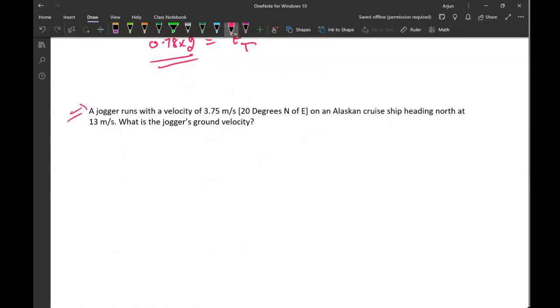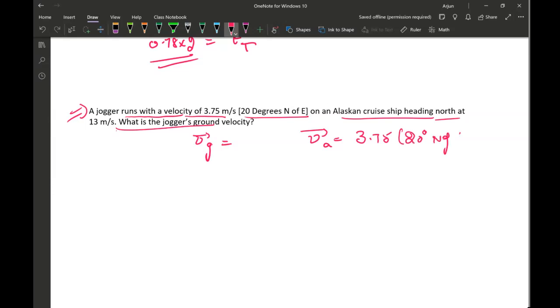Now for the second one, it says the jogger runs with a given velocity at 20 degrees north of east. An Alaskan cruise is heading towards the north with another velocity. What is the jogger's ground velocity? Vg is what we are looking for. Va is given to us, which is 3.75, 20 degrees north of east.